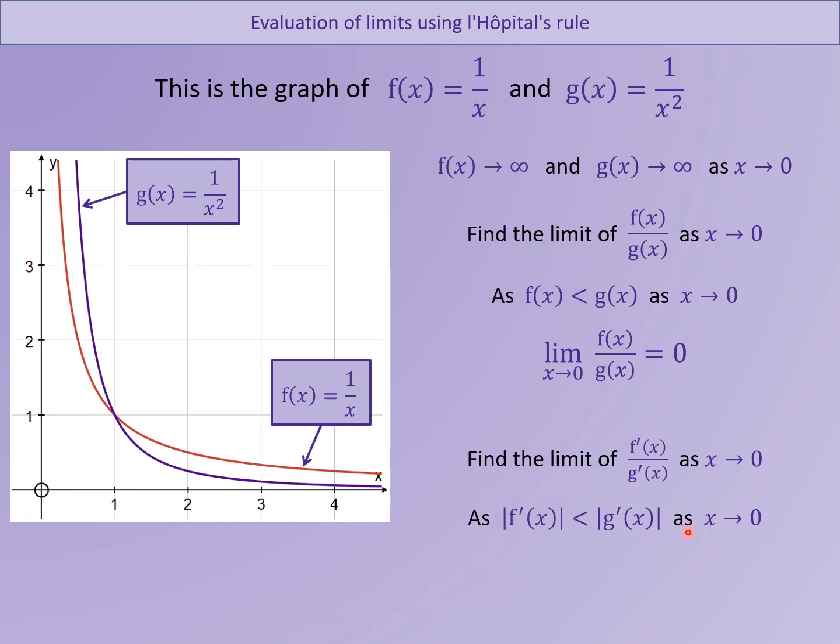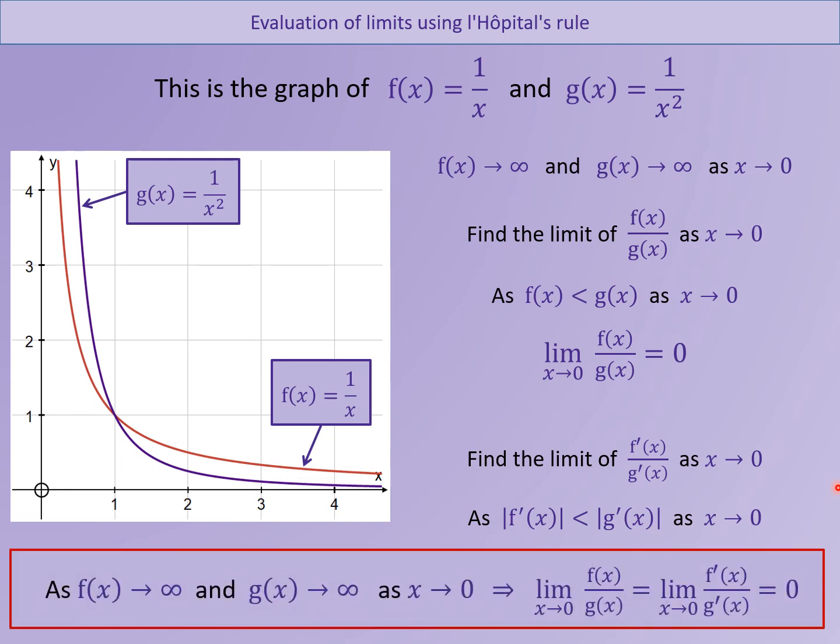So once I've got this part just here, I can then say that the limit, because this g function is greater, this is approaching infinity quicker, then you're going to have a big number divided by an even bigger number, and this is going to override this one, so therefore it's going to approach 0. Okay, as x approaches 0, this whole thing is going to start to approach 0. Okay.